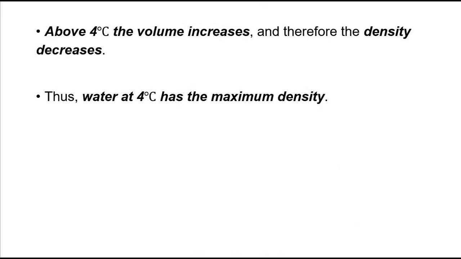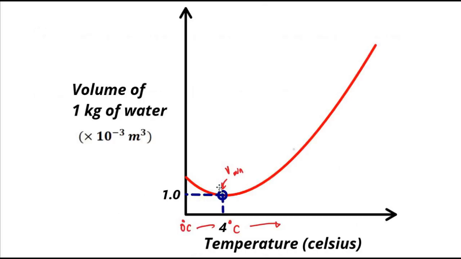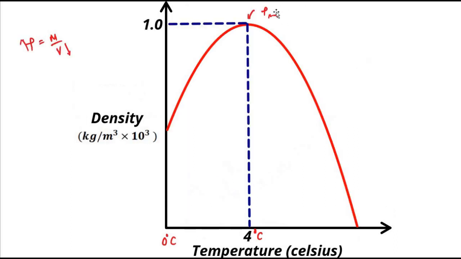So the two important points are that the volume of any mass of water is minimum at 4 degrees Celsius, and as a result density is maximum at 4 degrees Celsius.